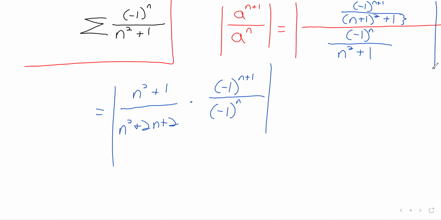And we don't have the really nice simplifications that we had, or at least we only have one really nice simplification, which is that those -1s, well, first they turn to -1 to the n plus 1 minus n, -1 to the first.